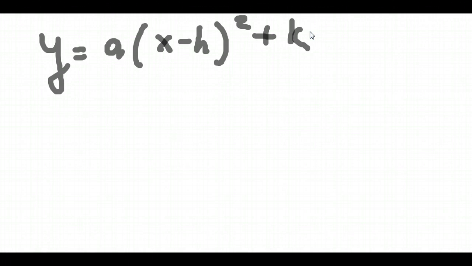If your a value is less than 1, you're going to have a really wide parabola, like a fruit bowl or a serving dish. And if your a value is greater than 1, then you're going to have a narrow parabola, with a steeper slope.